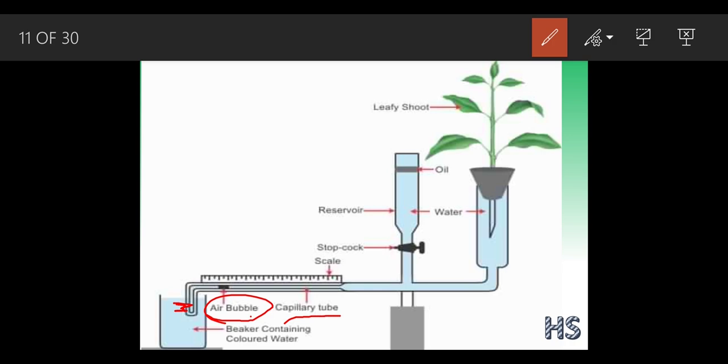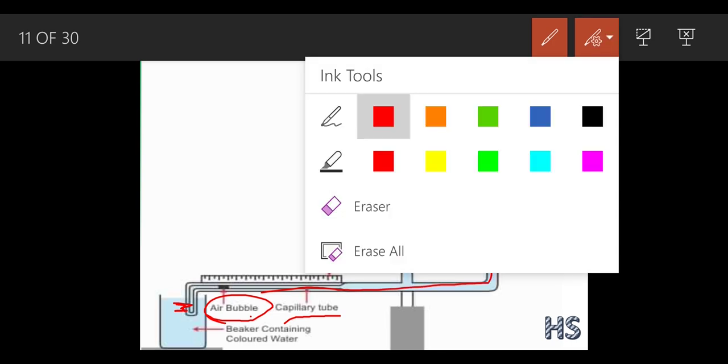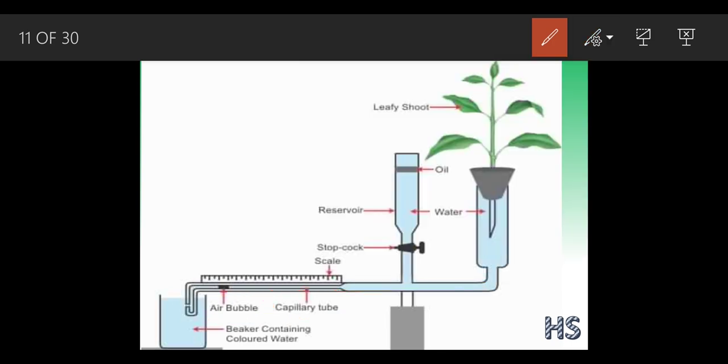This is a capillary tube. This capillary tube carries up this water towards the plant's part. This is the air bubble. Initially the air bubble is here, you can see out here. On this scale, suppose after an interval of 1 or 2 hours, this air bubble comes out here.